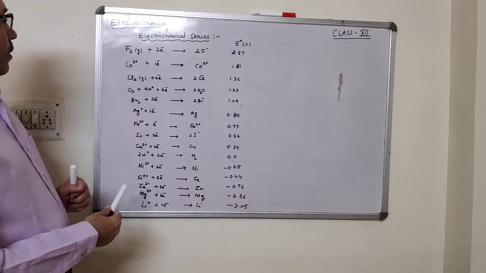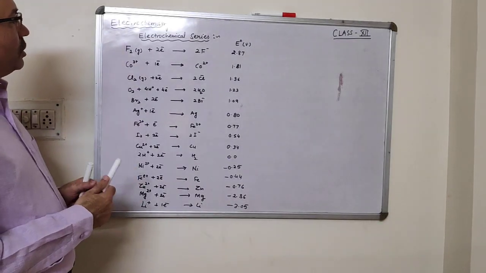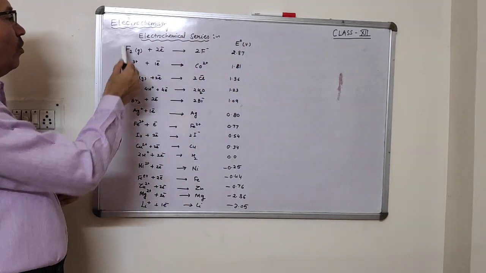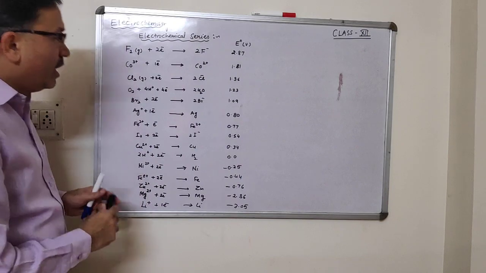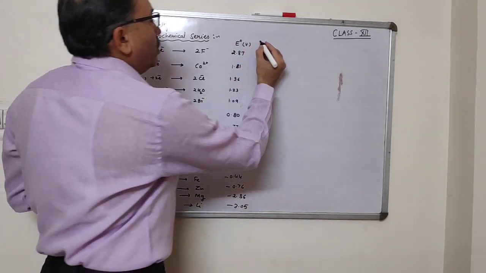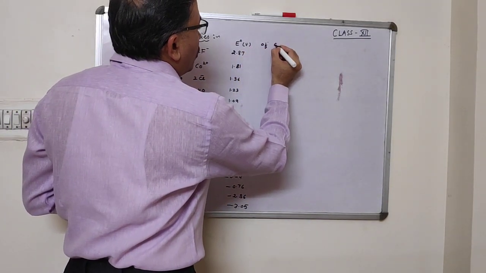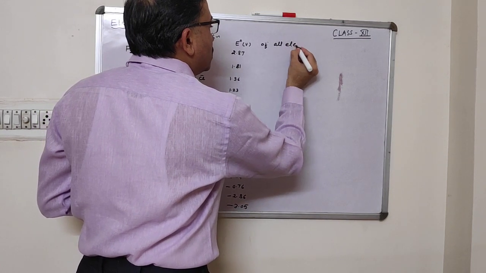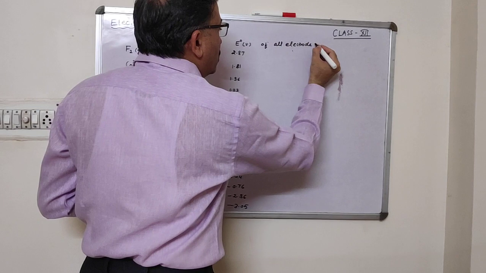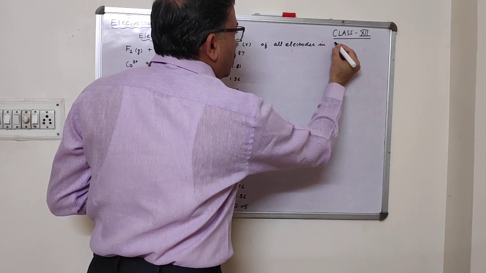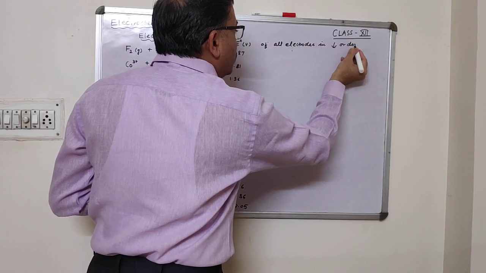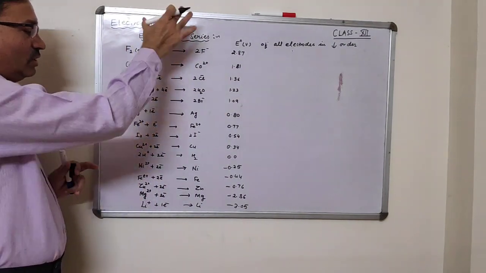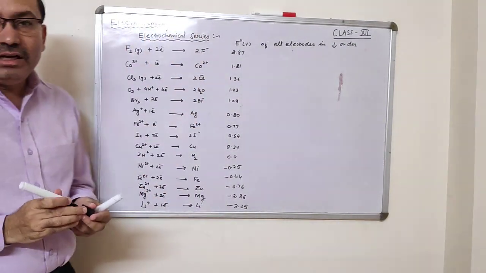Now see, if we arrange the standard electrode potential, E naught, of all the electrodes in decreasing order, we get a series, and that series is called the electrochemical series.